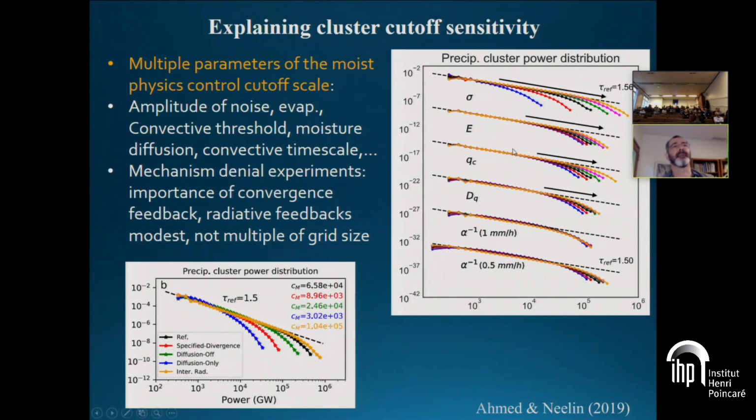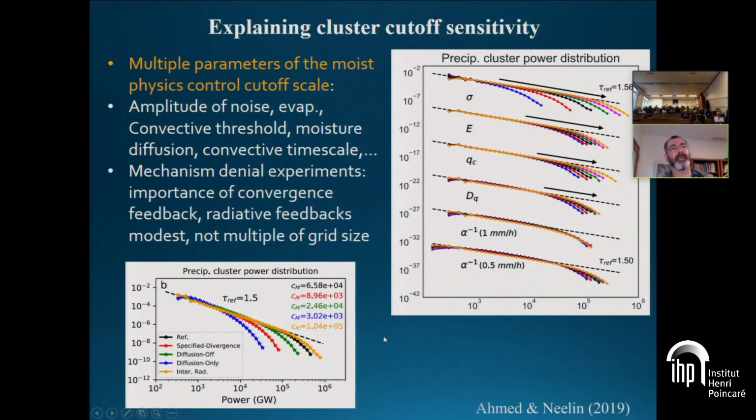And in each case, you find that the power law range stays about the same and the cutoff tends to change. And then you can furthermore do mechanism denial experiments where, for instance, you have or don't have interactive radiation, that has a modest effect; where you switch the diffusion off, that has some effect; where you do specified divergence instead of feedback, that has a large effect.